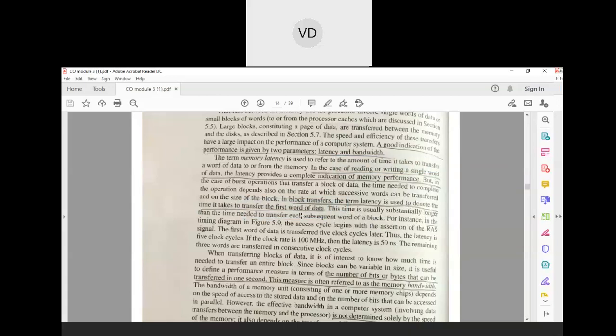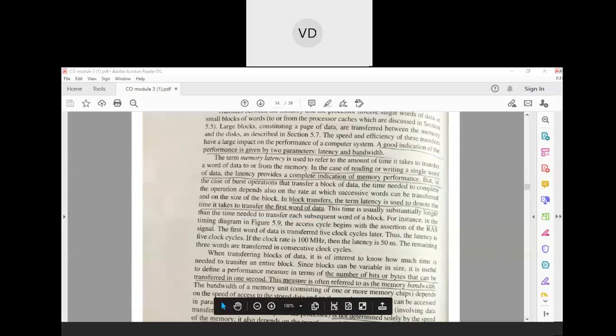In general, this latency should be very minimum. Latency means delay, is it not? So the latency taken for transfer of data, either a single word or a block transfer, should be minimum.